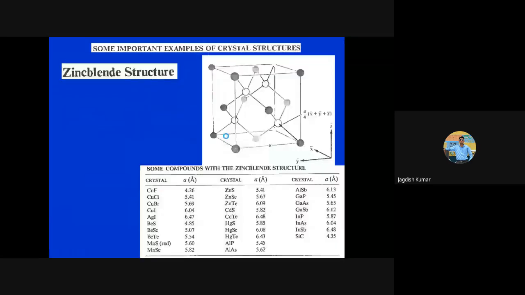Similarly, if we have a three-dimensional real space lattice, then there will be a corresponding three-dimensional reciprocal space lattice. If the real space lattice was one-dimensional, what were the primitive vectors for real space? Let me again come to this.